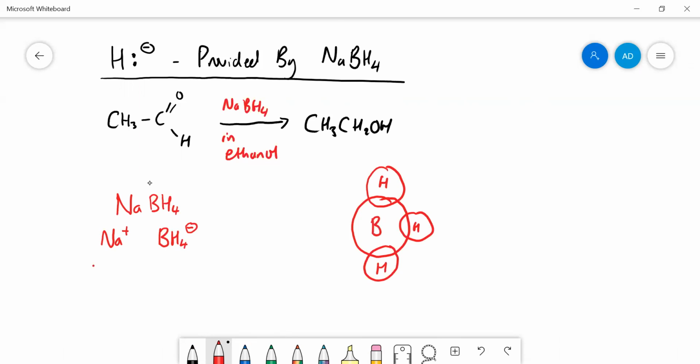So BH3 would have this formula, dot and a cross. Now, boron only has 3 electrons in its outer shell, so you can see that that compound has only got 6. So to make a full 8 outer shell, it's fairly willing to accept lone pairs of electrons. And if you get a hydride ion, so this is a hydride ion, it's got one of its electrons and then one that it's got from somewhere else. So this is going to form a dative bond here.